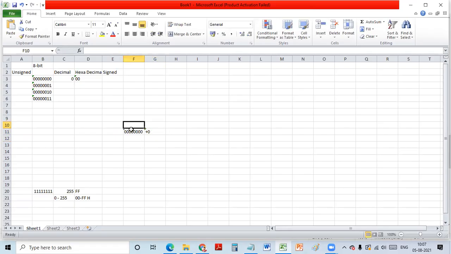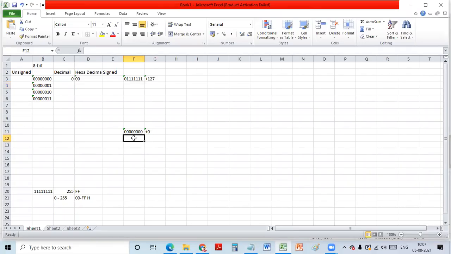Then plus 1, plus 2, and so on, up to the maximum number, plus 127. So I'll be having 0 followed by seven ones. This is plus 127. Likewise plus 1, plus 2, plus 3, and so on, up to plus 127.